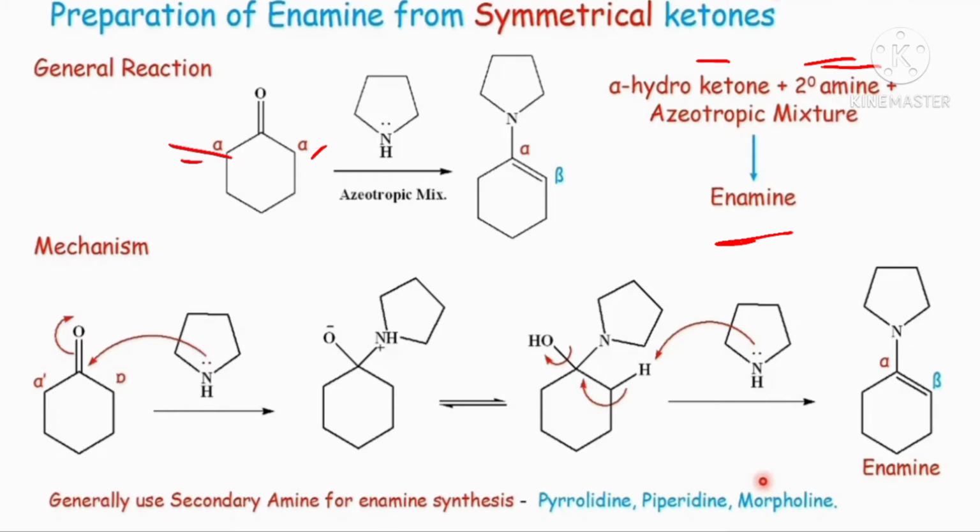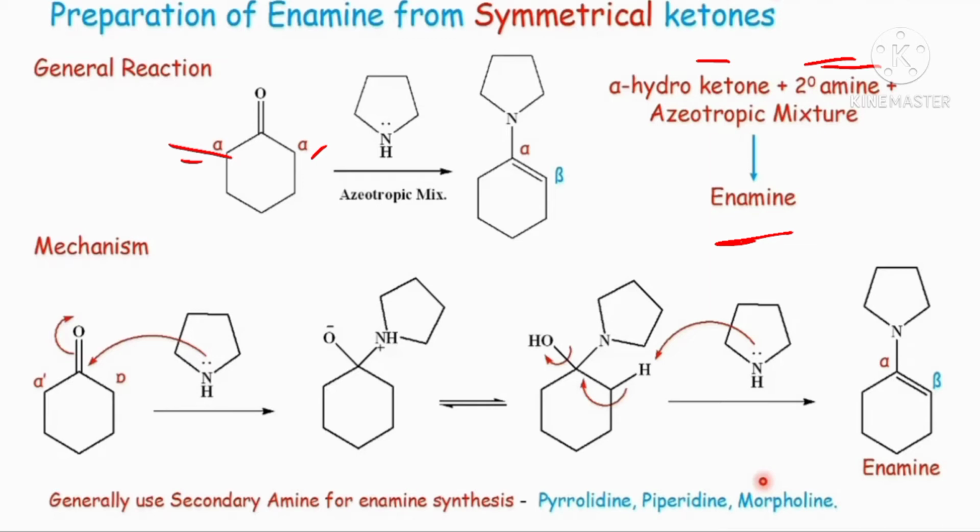Therefore only secondary amines are used for the formation of enamine.